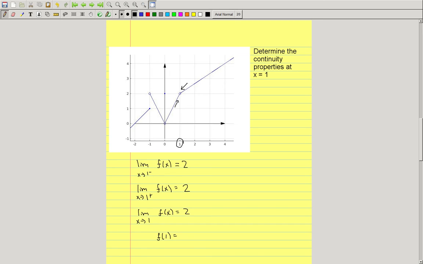So f of 1 does not exist. You can also say that f of 1 is undefined. Because this does not exist, one of our three conditions for continuity was not met, and we must conclude that also at x equals 1 our function is not continuous.